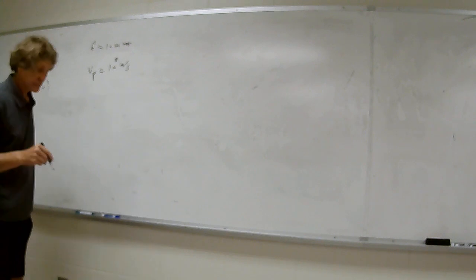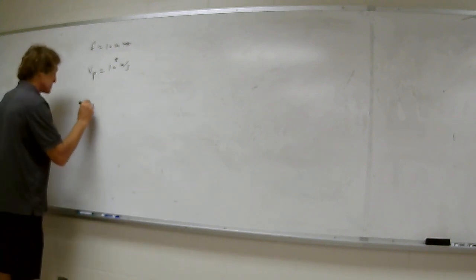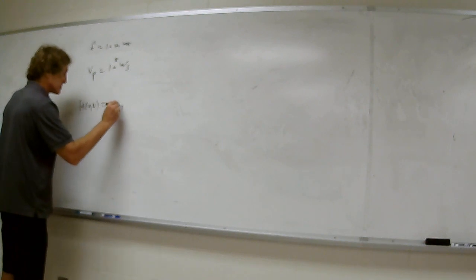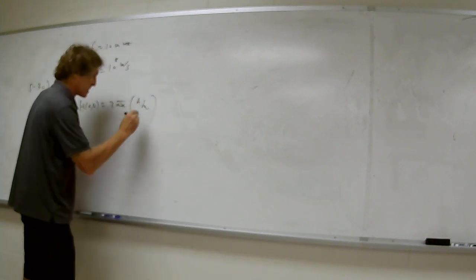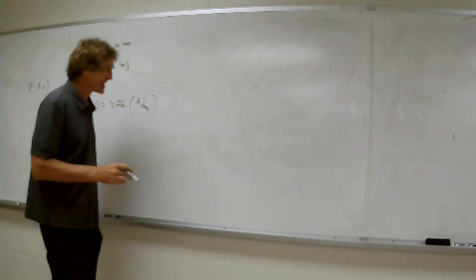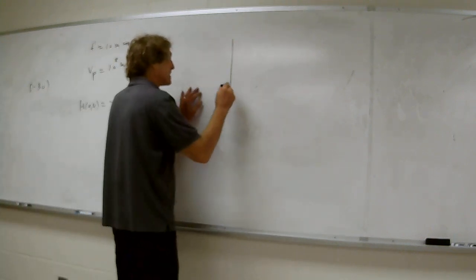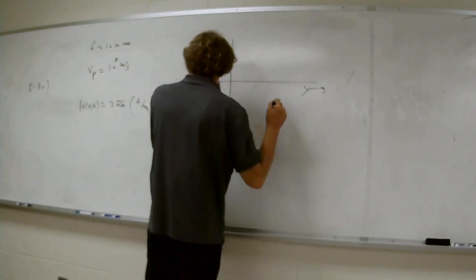Initially, we have H at 0, 0 equal to 2 in the a_x direction, amps per meter. The amplitude drops to 1 amp per meter after the wave travels 5 meters in the y direction. So here's y, it's going in the y direction.